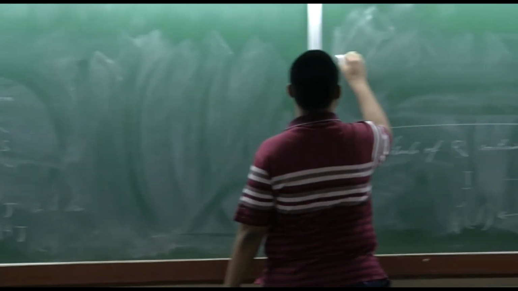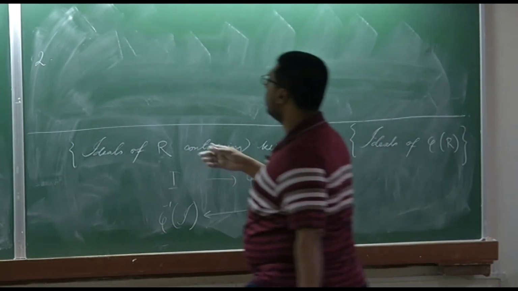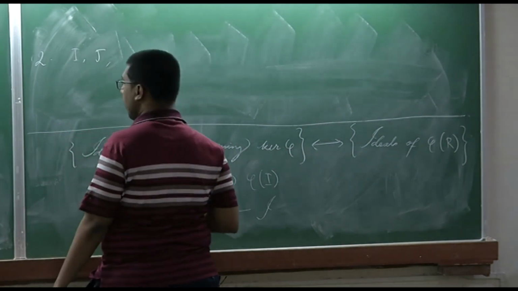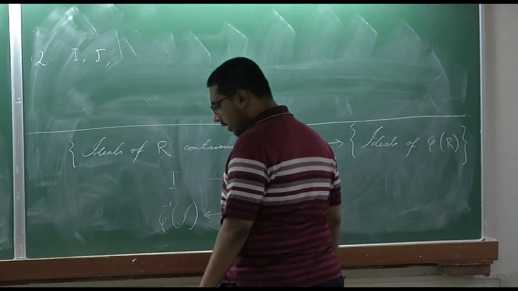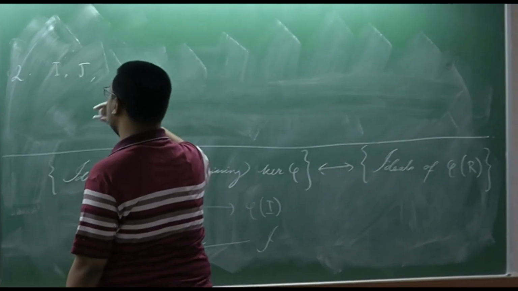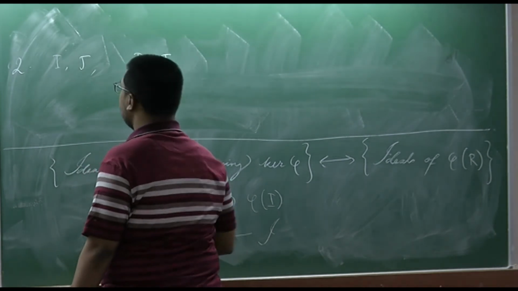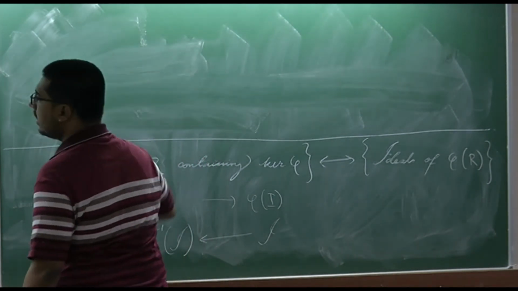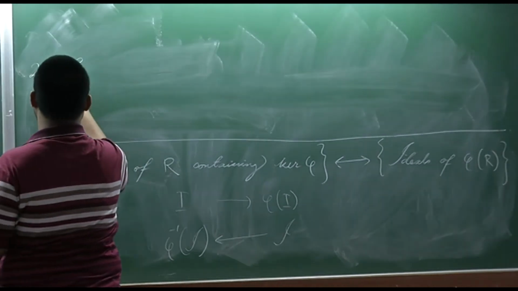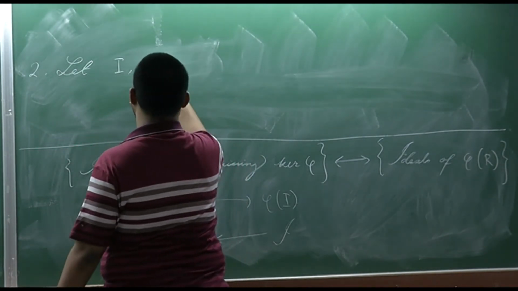Then we do have the second and third isomorphism theorems, which look exactly similar. Like if I and J are ideals, then we must have I plus J. First, let me talk about that. It will be really easier. So, let I and J be ideals.